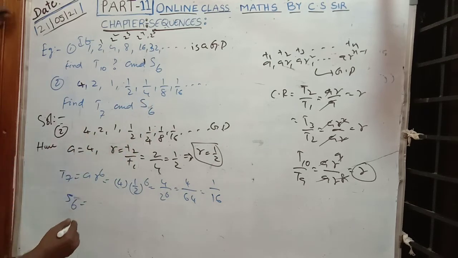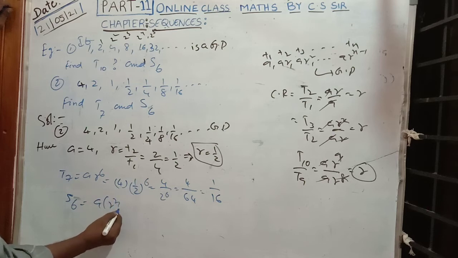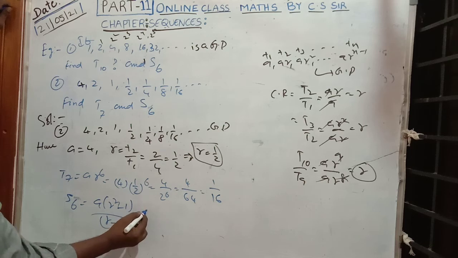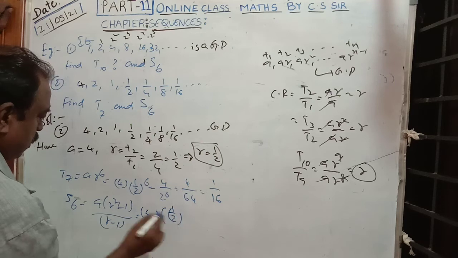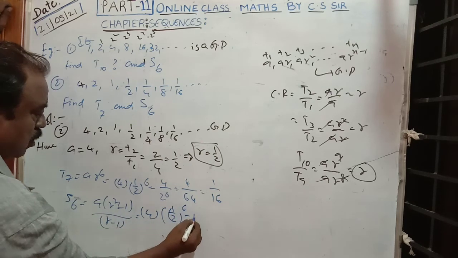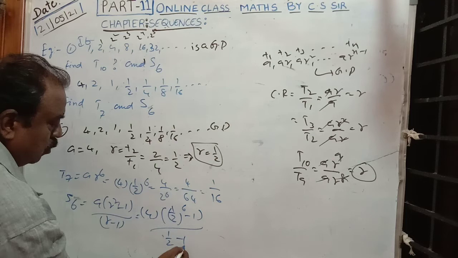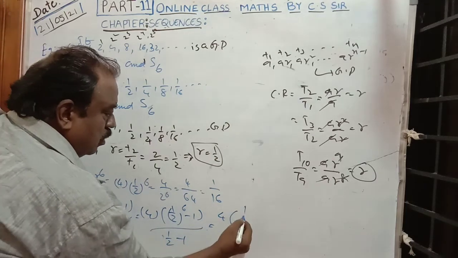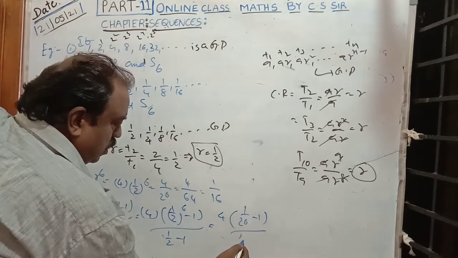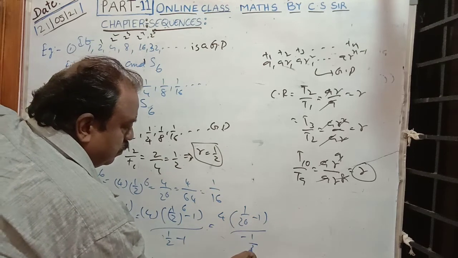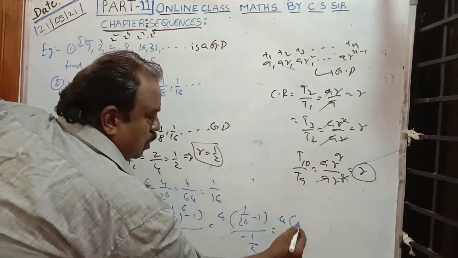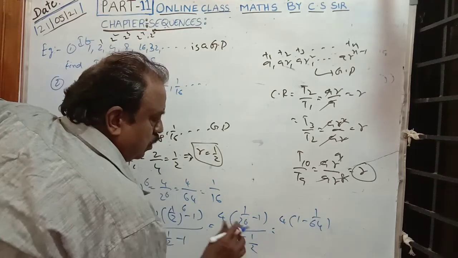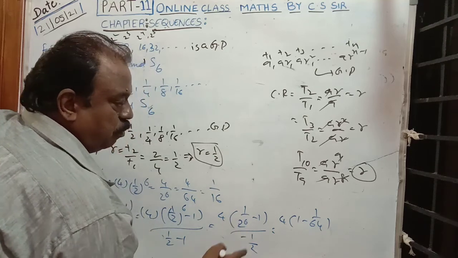S6 again. It is A of R power n minus 1 by R minus 1. A is 4 into R is 1 by 2 power n is 6, minus 1, by 1 by 2 minus 1. It is 4 into 1 by 2 power 6 minus 1 by, half minus 1 is minus half. It is 4 of 1 minus 1 by 64, it is 2 power 6.